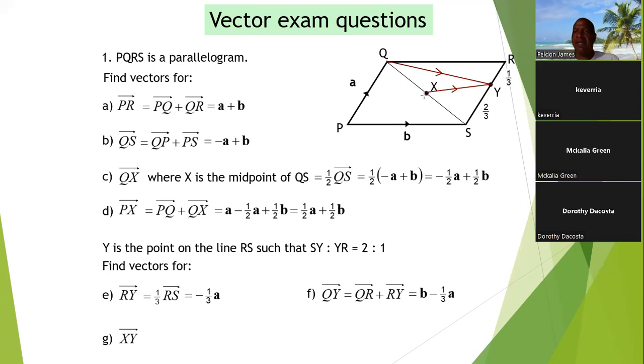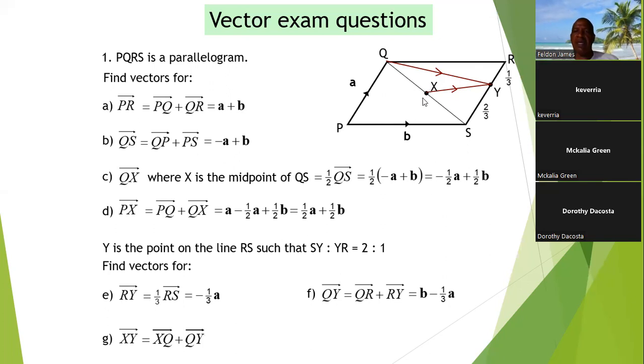We know that from X to S is the same as from Q to X. Q to X would be half of QS, which is half minus A plus B. So we could have the result from Q to X plus Q to Y, right?